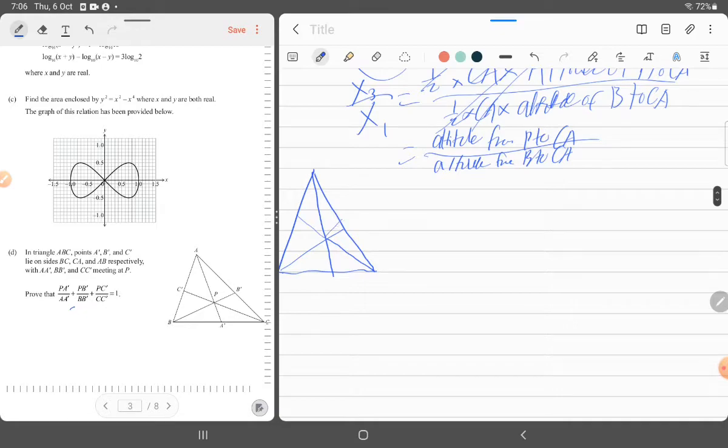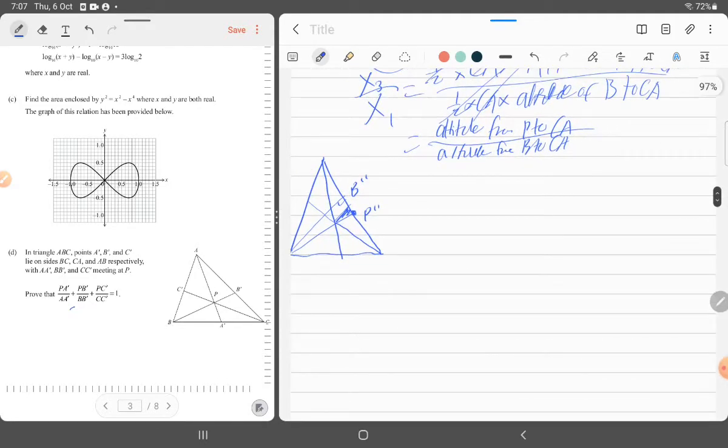So we got this triangle and this triangle, both of them. This point is P dash dash, and this point is B dash dash. Oh, I'm sorry that I'm making this confusing.